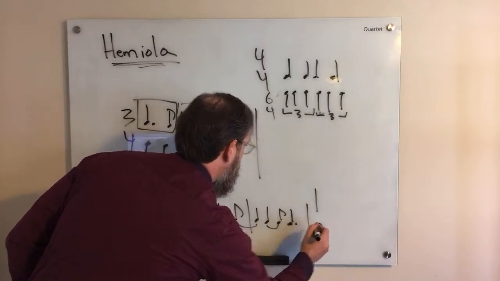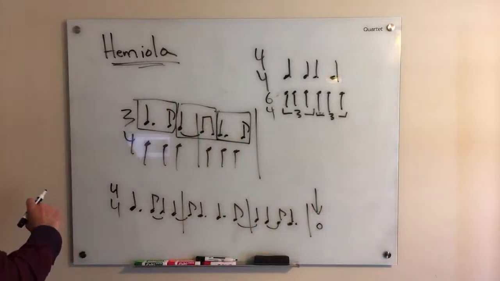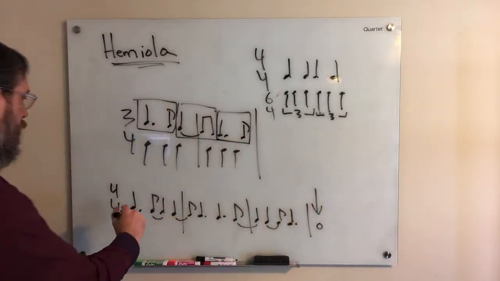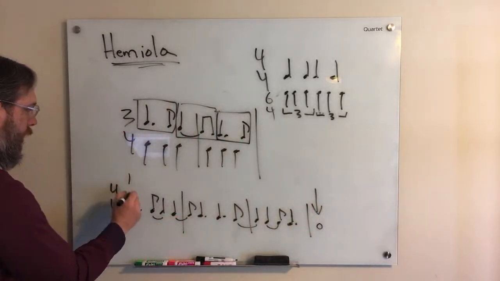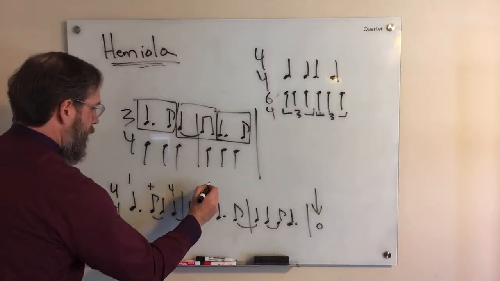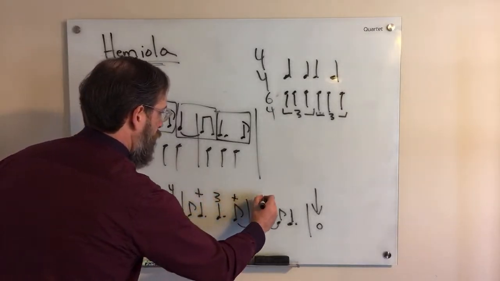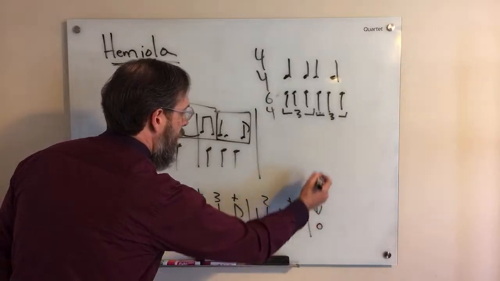All right. So what I did here is in 4/4, I wrote out dotted quarter notes, which would fall on 1, and of 2, 4, and of 1, 3, and of 4, 2, and of 3, 1.